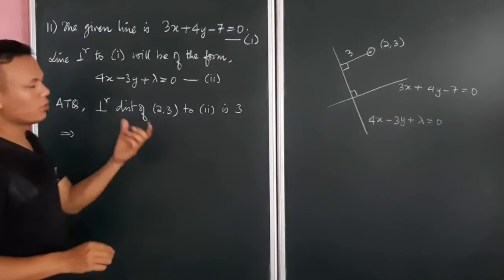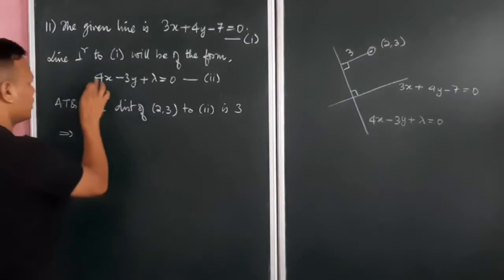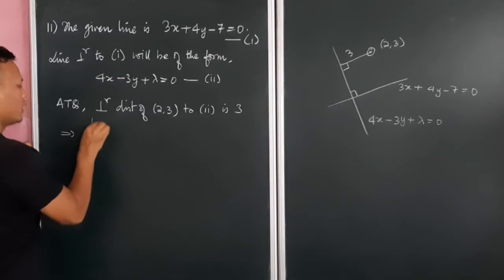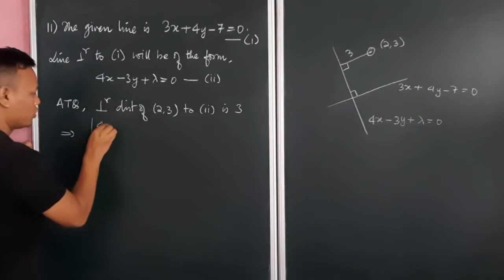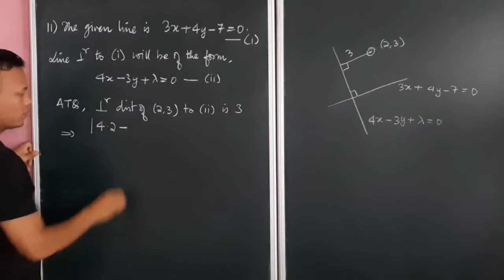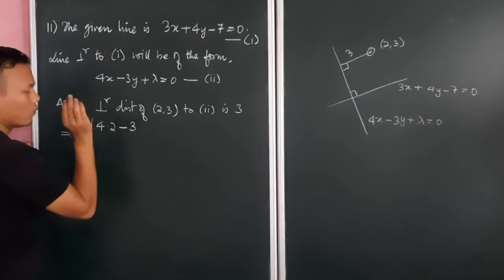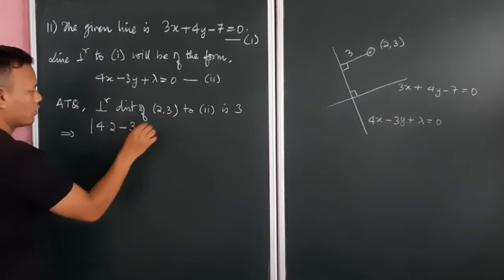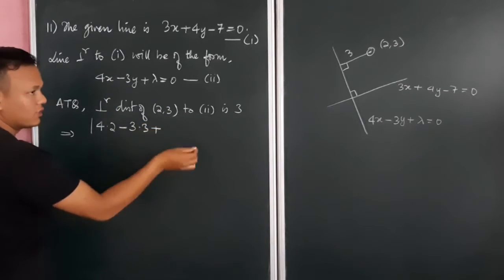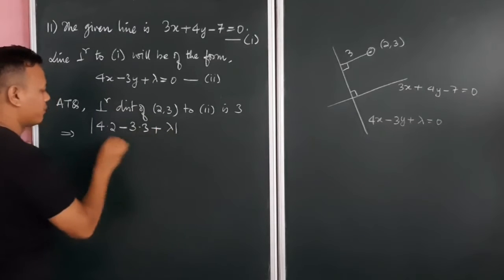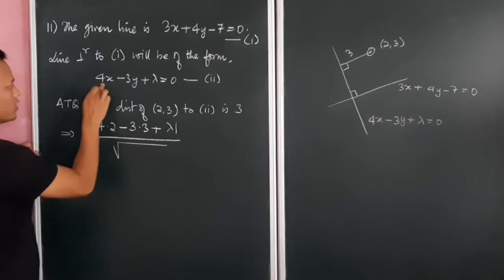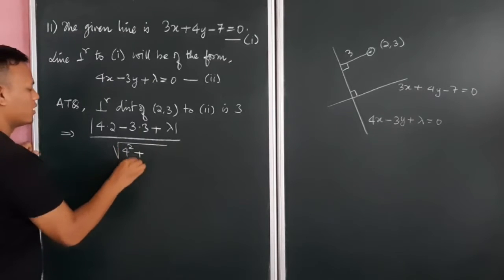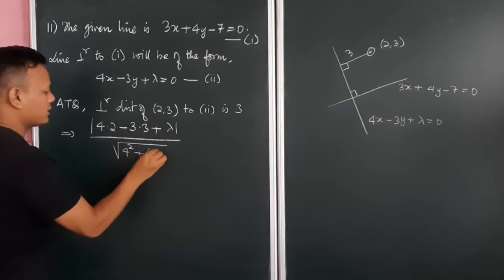Let's make use of the perpendicular distance formula. It says modulus of a x1, where x1 is 2, minus b y1, where y1 is 3, plus c, where c is lambda, divided by square root of a square, where a is 4, plus b square, where b is minus 3.